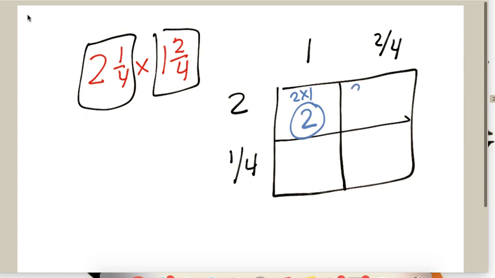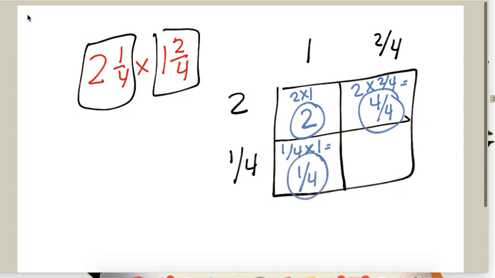I'd have 2 times 2/4, which would give me 4/4. I'd have 1/4 times 1, which would just give me 1/4 again. And then I have 1/4 times 2/4, which gives me 2 over 16.